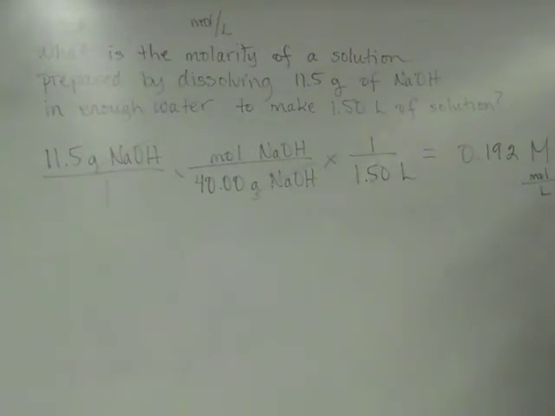What else can these look like? Well, when I prepared your lab for finding the stoichiometric ratios, I had to make 0.5 molar solutions of potassium iodide and a 0.5 molar solution of sodium hypochlorite. And so how did I do that?